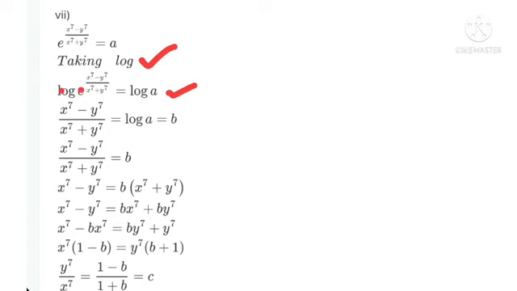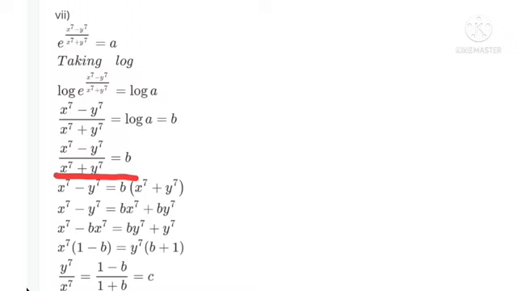Log and e get cancelled according to the logarithmic rule. So the next step is (x raised to 7 minus y raised to 7) upon (x raised to 7 plus y raised to 7) is equal to log a. We call this as b. So we get (x raised to 7 minus y raised to 7) upon (x raised to 7 plus y raised to 7) is equal to b.